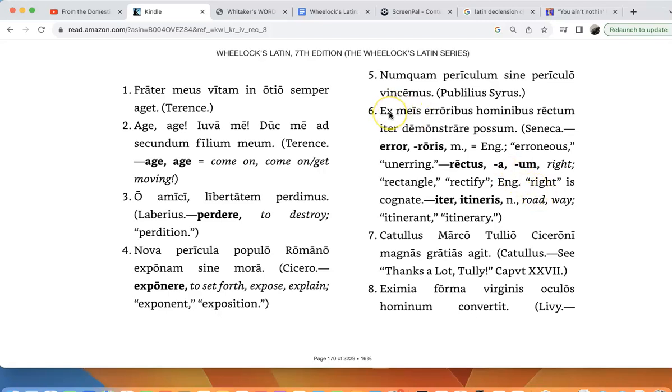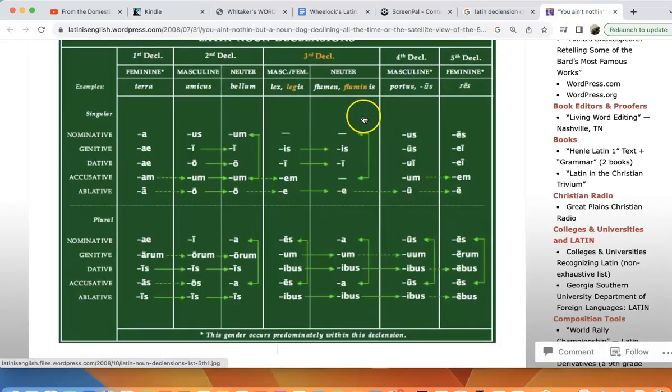But then ex means from, like exit, and then ex is always followed by the ablative. So this is second declension ablative plural. This is third declension ablative plural, because these latter two words require third declension. How do we know that? We learn the vocabulary and look it up in a dictionary or Whitaker's Words.